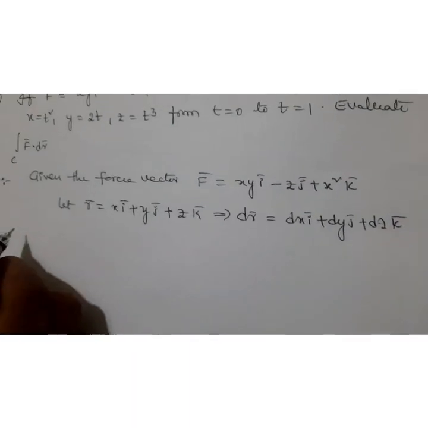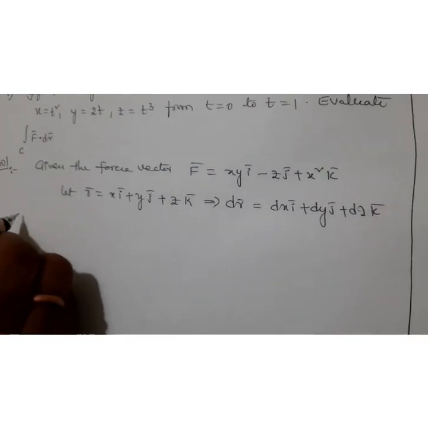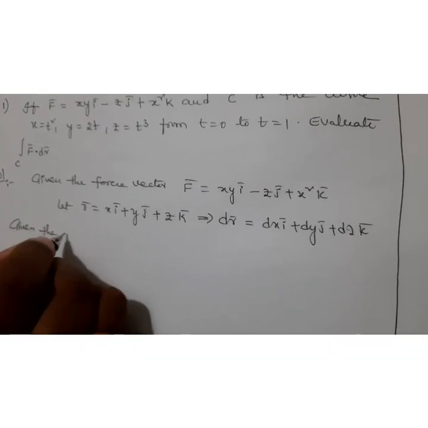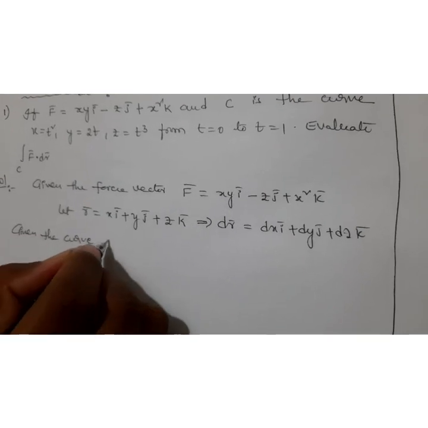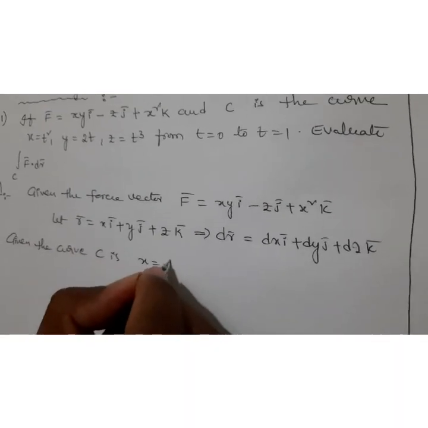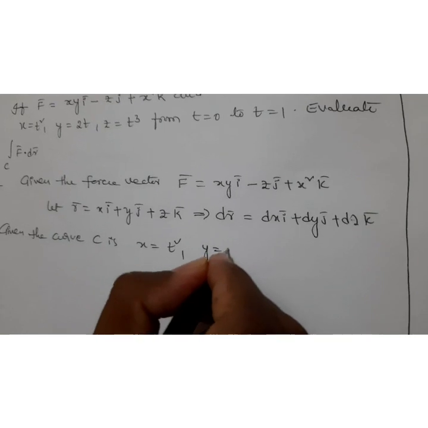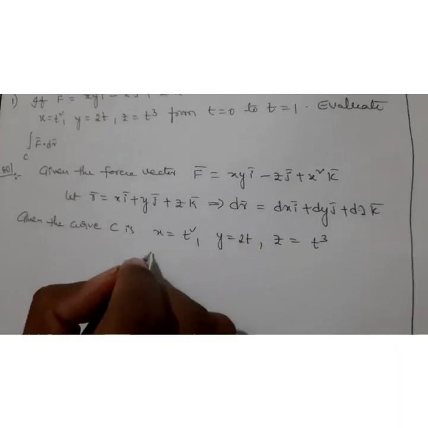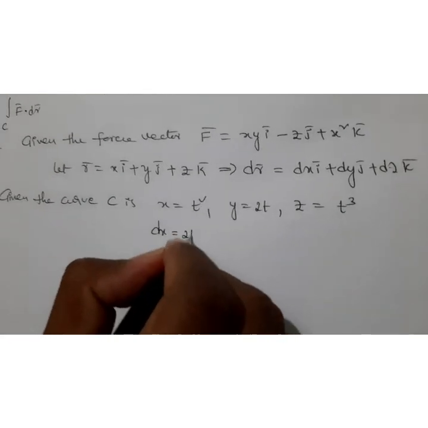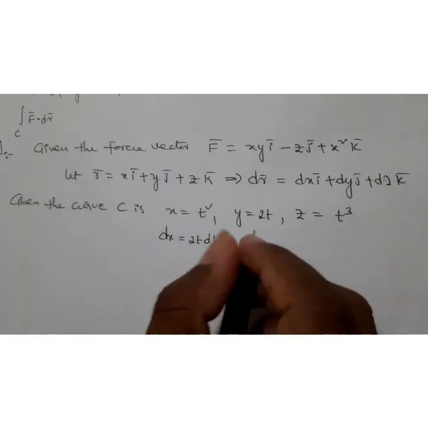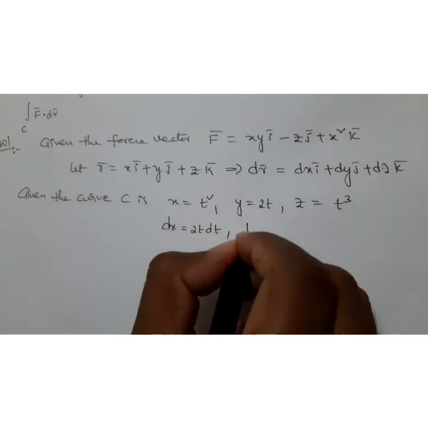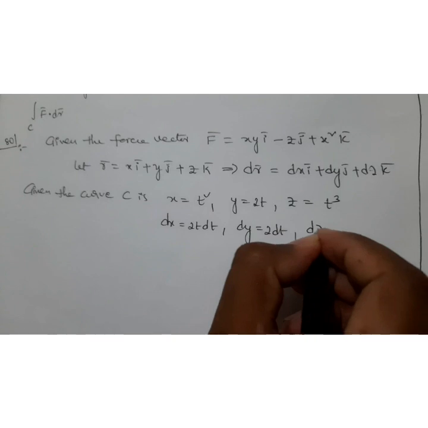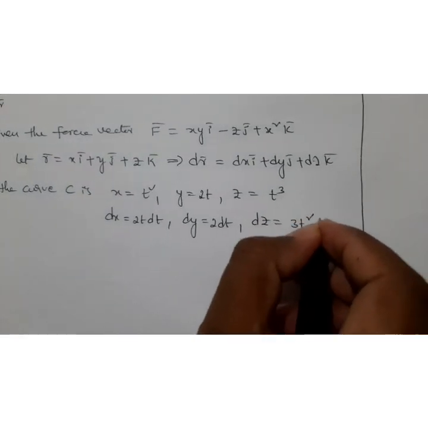We know that the curve C is x is equal to t square, y is equal to 2t, z is equal to t cube. Differentiating with respect to t, dx is equal to 2t dt, dy is equal to 2 dt, dz is equal to 3t square dt.